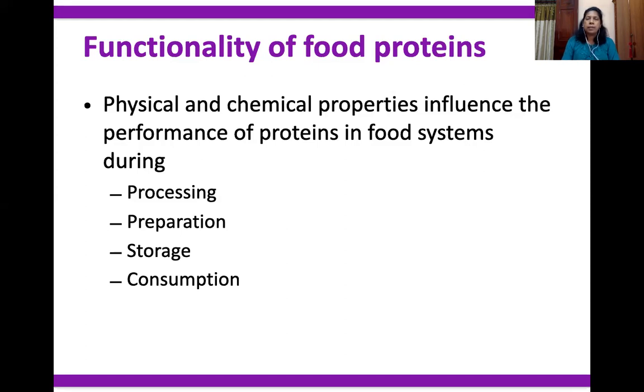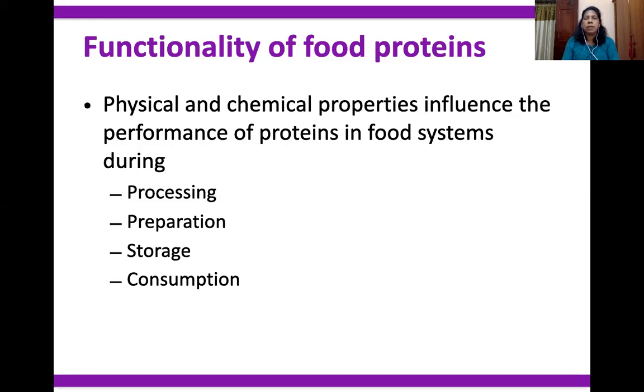Therefore, when we make such changes, as you learned earlier about water, the protein molecule can also be changed, and finally you will end up with a different type of product.